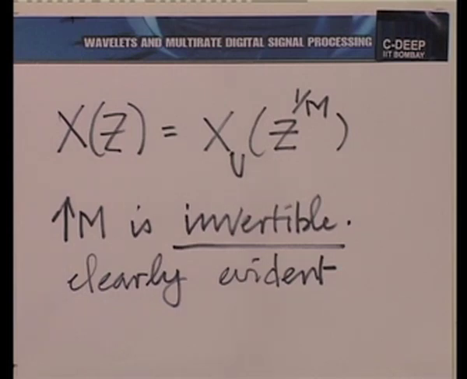Very soon, we shall look at the downsampling operation, and there we shall also see the non-invertibility evident in the z domain. Perhaps not as evident, but evident all the same. So, let us now go to downsampling. Now, as I said, downsampling is a concatenation of two processes. In one process, we kill some samples.